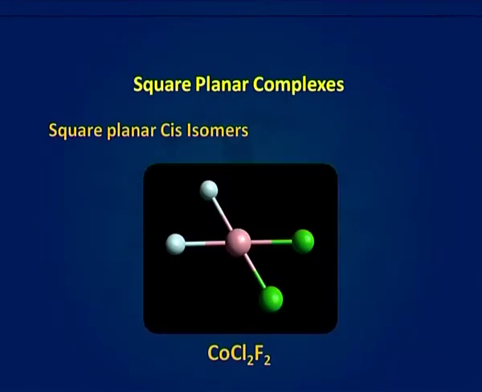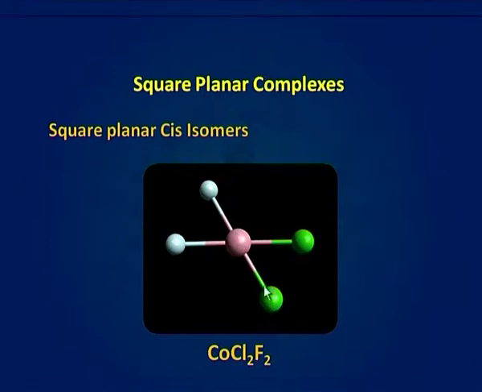The square planar geometry for MA2B2 however gives two possible arrangements, cis and trans isomers. For example, here is cis isomer for CoCl2F2. You can see this pink color is the atom of cobalt, blue are fluorines and green 2 chlorines.